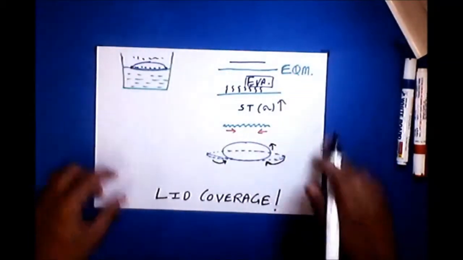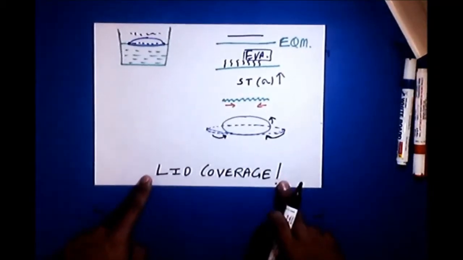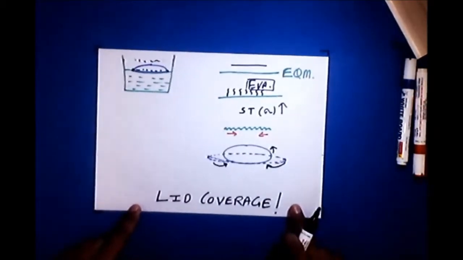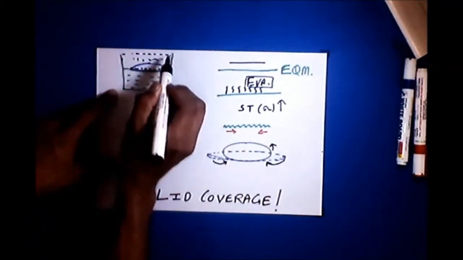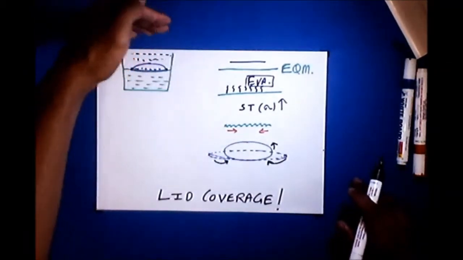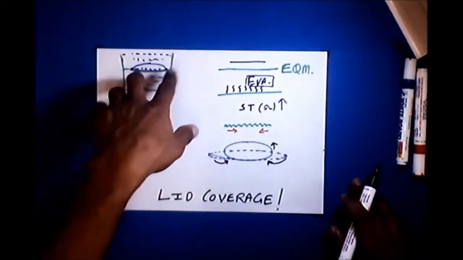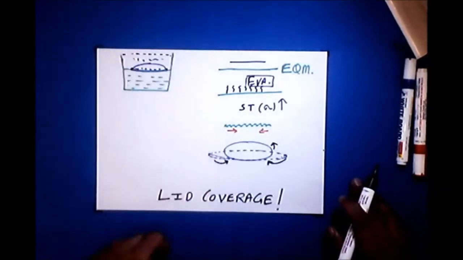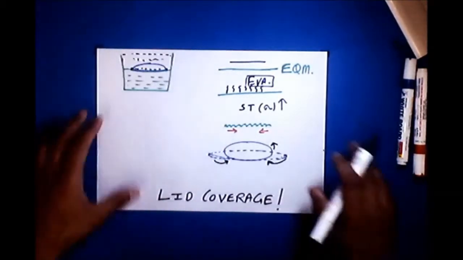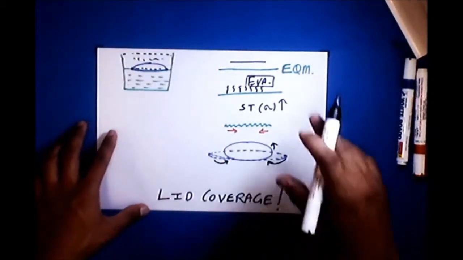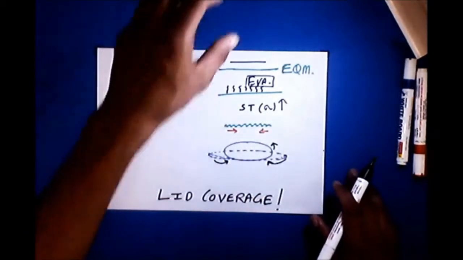Well, the reason lies in the lid coverage. What the researchers did was cover the surface with a lid, thereby stopping the air from coming in direct contact with the surfactant molecules. This ceased the process of evaporation, and surprisingly, they observed that almost immediately the oil drop throbbing ceases.